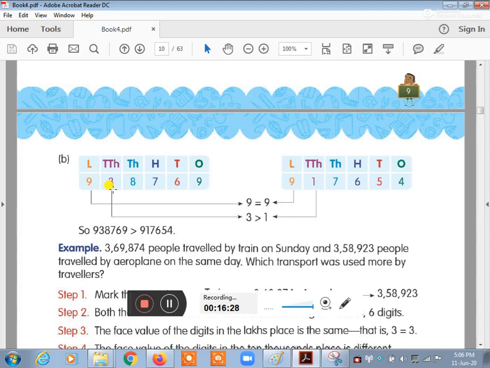The next place value has the number 3. Here it has the number 1. So 3 is greater than 1. So this number is greater than this number. So 9,38,769 is greater than 9,17,654. So this is the greater sign.